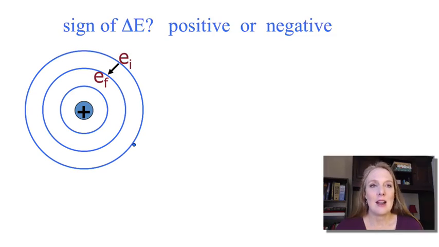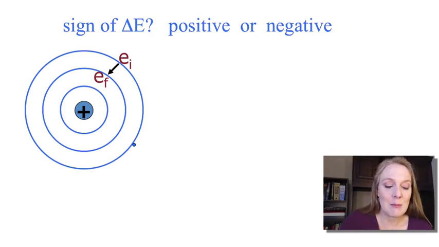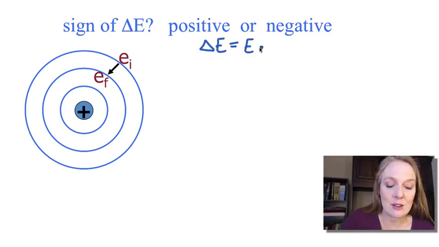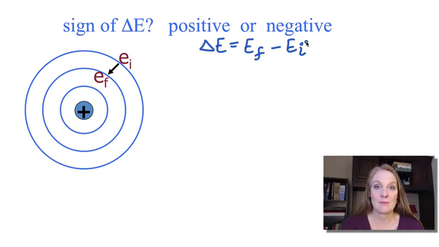What is the sign of delta E, the change in energy for this process? Is that positive or negative? Well, in order to answer that question, we need to remember the equation for delta E. Remember, delta E is the energy of the final state minus the energy of the initial state.